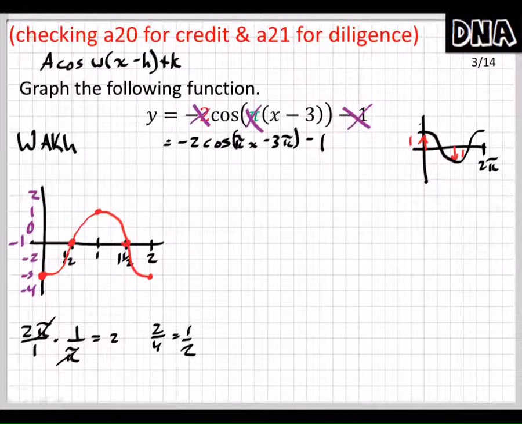Now we have one more number that affects our function, and that is the -3. Now that -3 does what to our function? Shifts it left or right. This is also known as a phase shift. Now it says -3, so what's my phase shift?